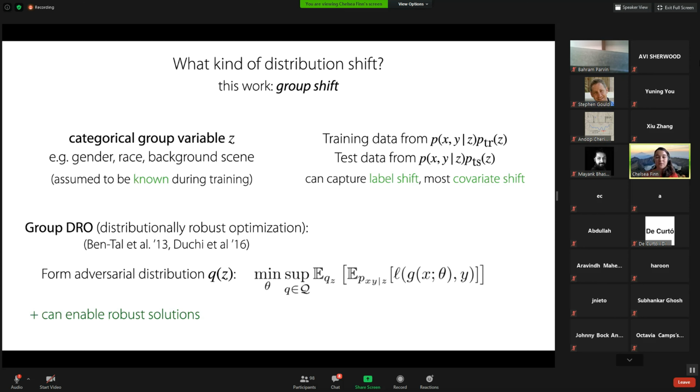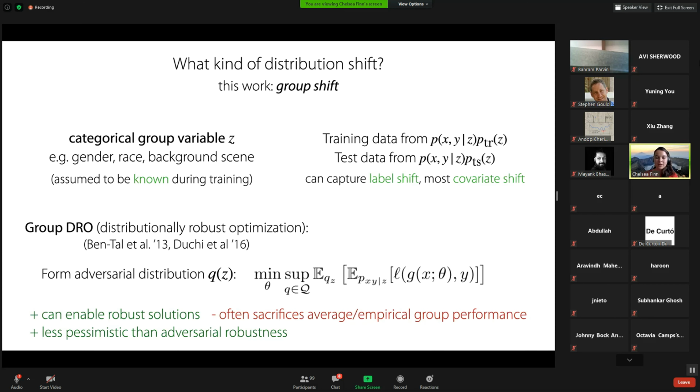This approach can enable very robust solutions to these kinds of groups. It's also less pessimistic than adversarial robustness, which may try to be robust to really any sort of perturbation of the image. The downside, though, is it is still somewhat pessimistic and often sacrifices average or empirical group performance in the process of being robust.